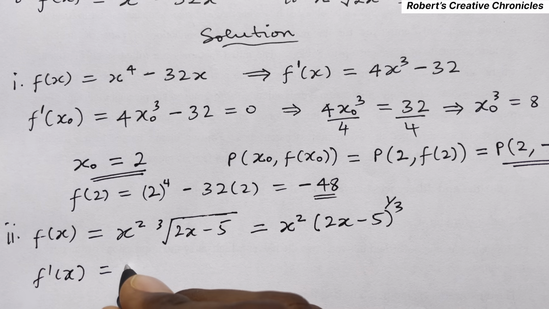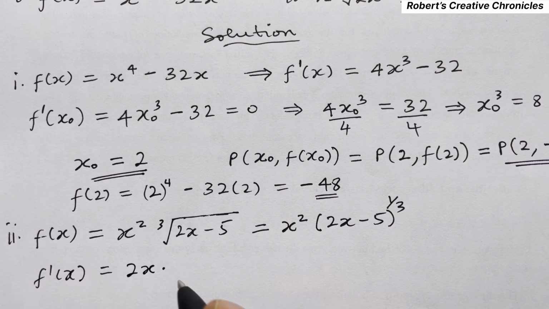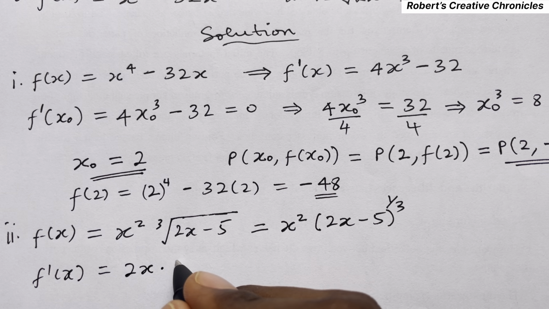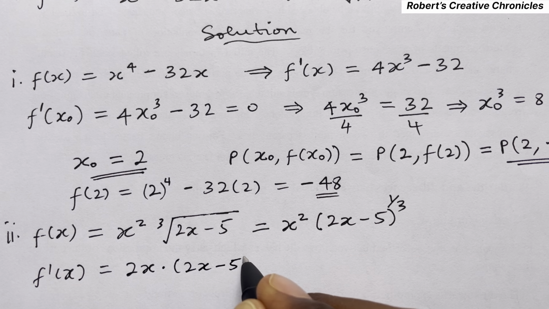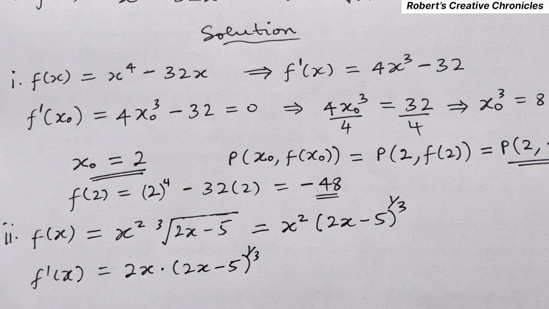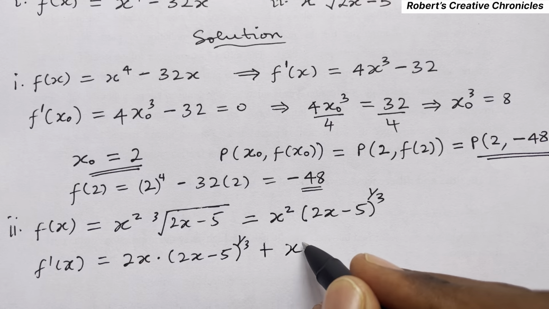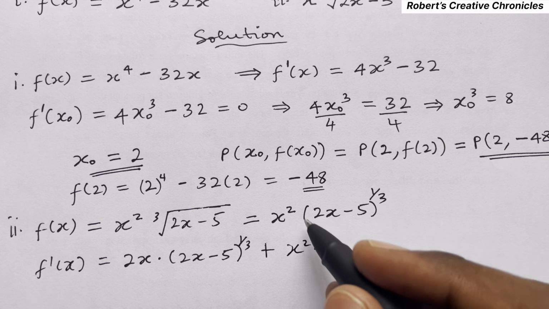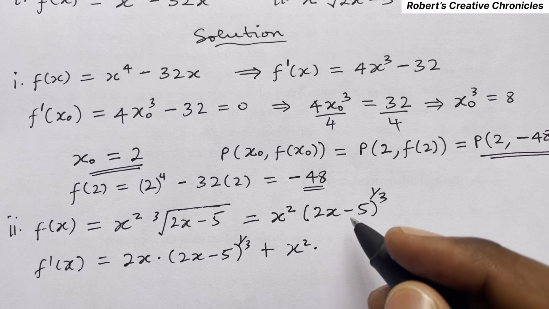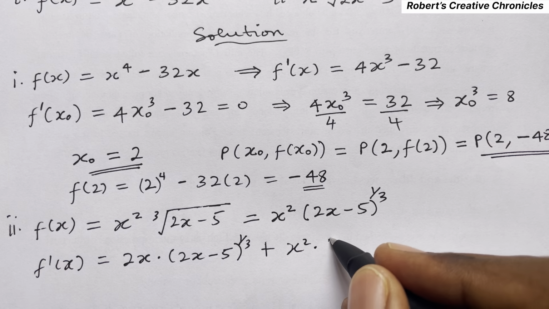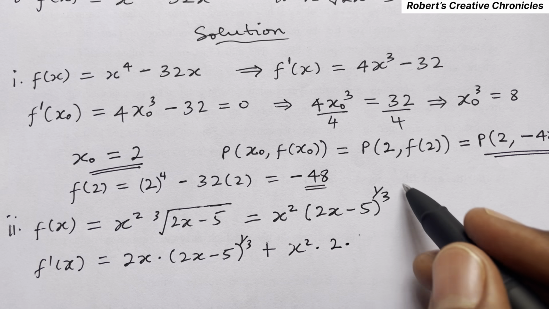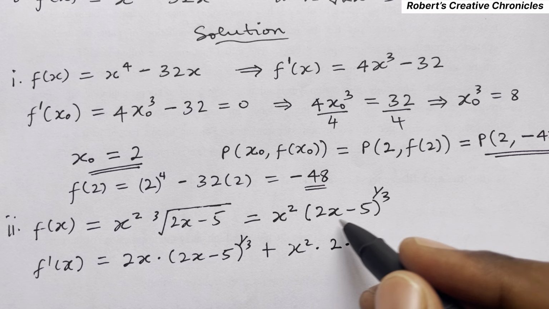Derivative of this times this function, then plus this function times the derivative of this, and this is a function of a function, so we'll differentiate the core first, which is 2, and then the derivative of the external function.